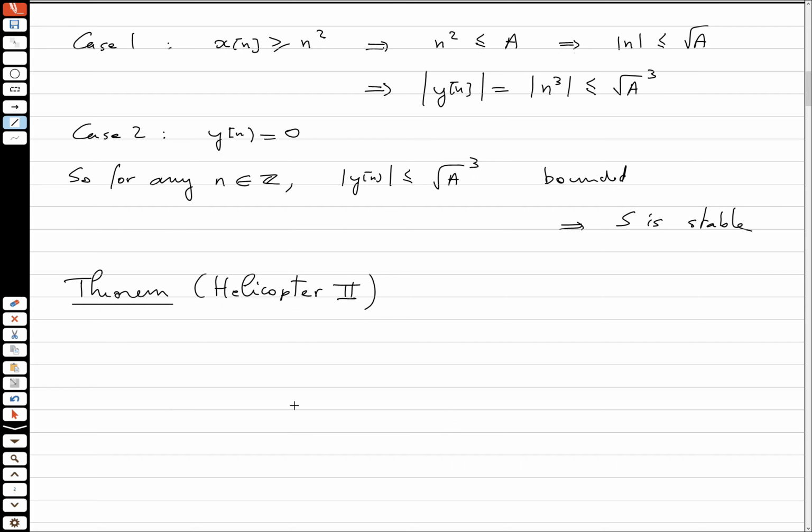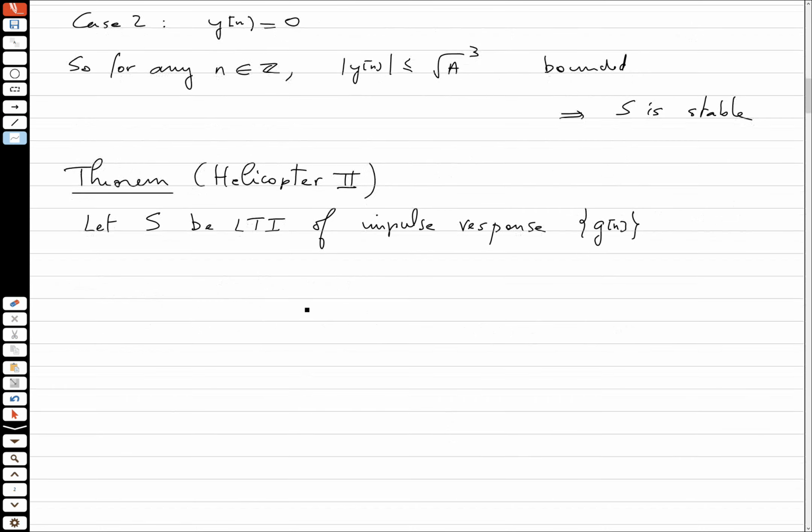So, let S be LTI of impulse response g of n. Then, to determine stability of S, there's a direct way to do it.